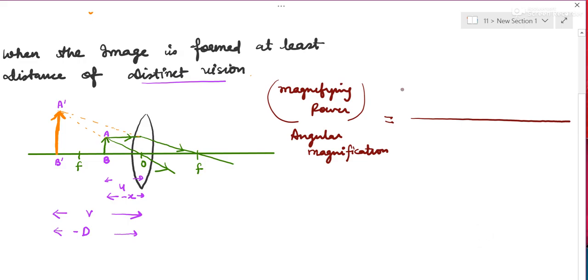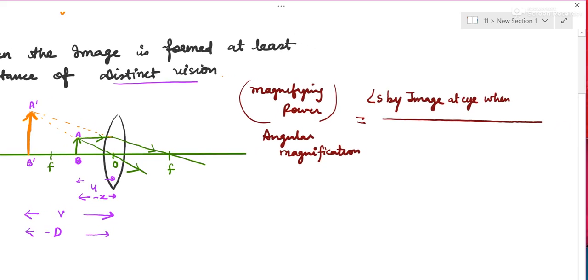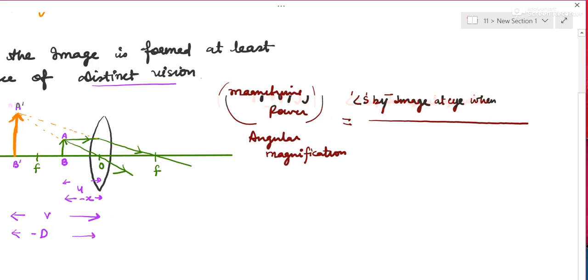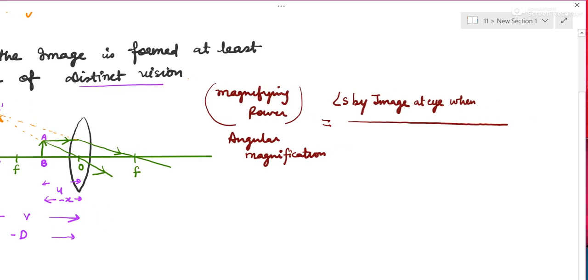So it is the ratio of the angle formed by the image at the eye when considered at the least distance of distinct vision. So according to the case, the angle formed by the image at the eye when considered at the least distance of distinct vision.